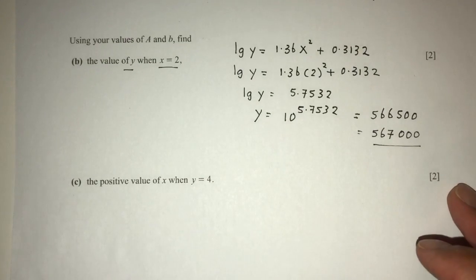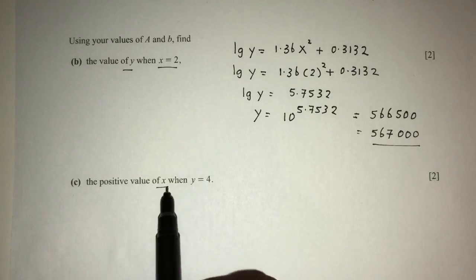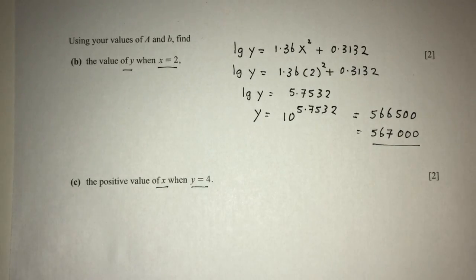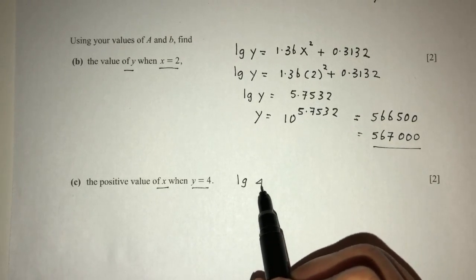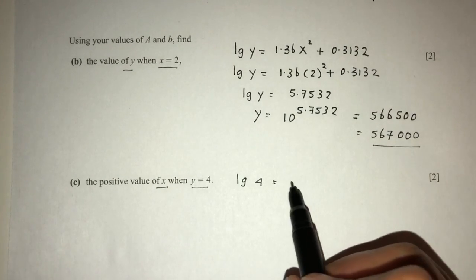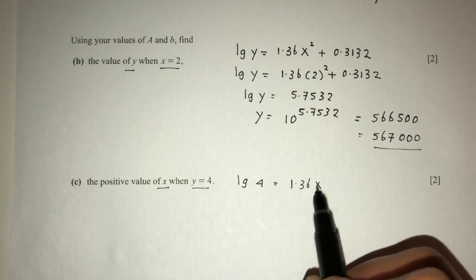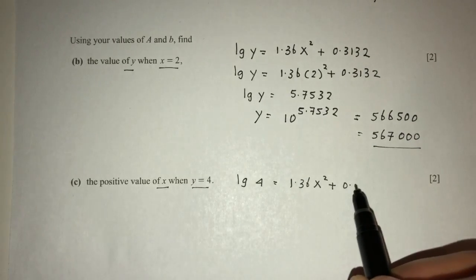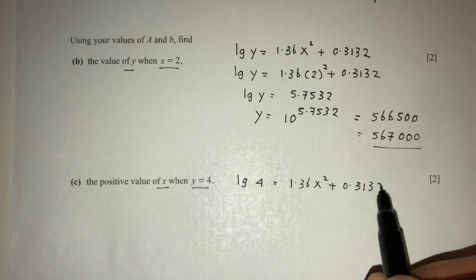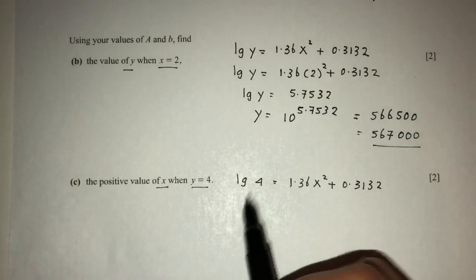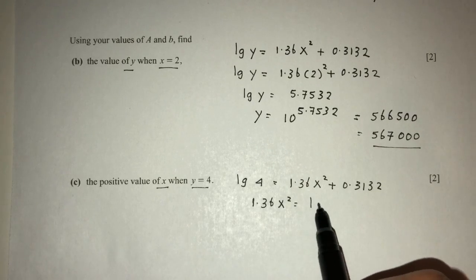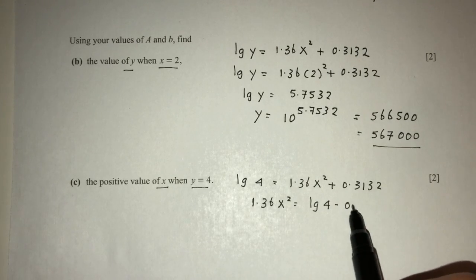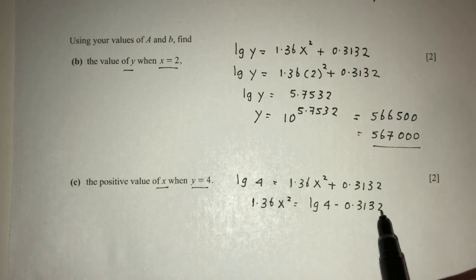Now for part C, we have to find the value of x when y is this. So same thing, we place back in your equation. So log of 4, right, y equal to 1.36 x squared plus 0.3132. So I have to make this become subject. So 1.36 x squared will be log of 4 minus 0.3132.